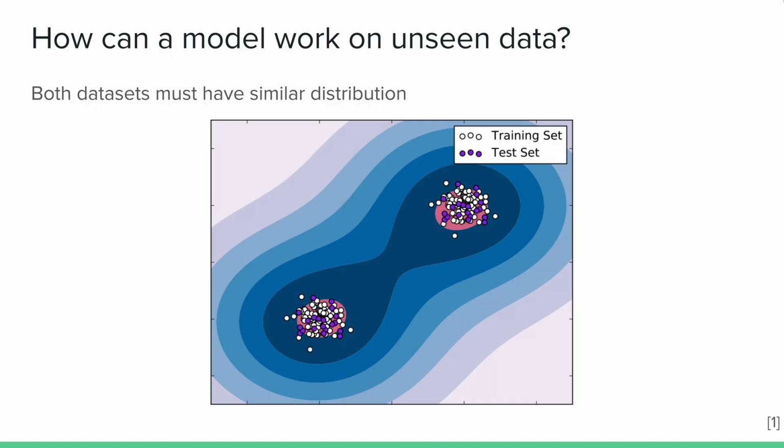The first assumption is that both data sets, the train and the test data set, must have a similar distribution. So training on English and then operating on French will not work. You will have to have something that shares the same underlying probability. So pictures of cats and dogs is kind of the same underlying distribution.